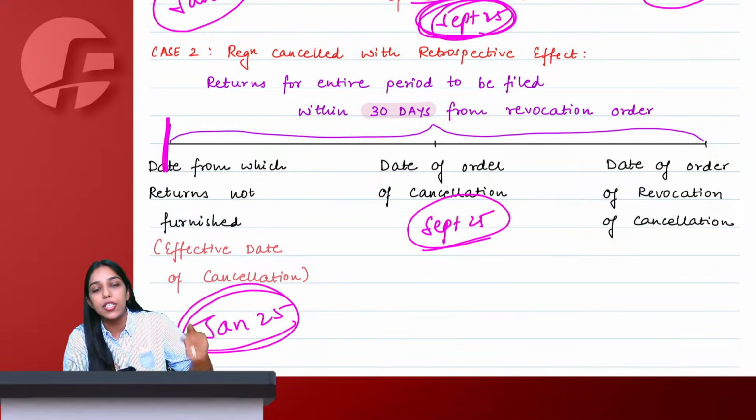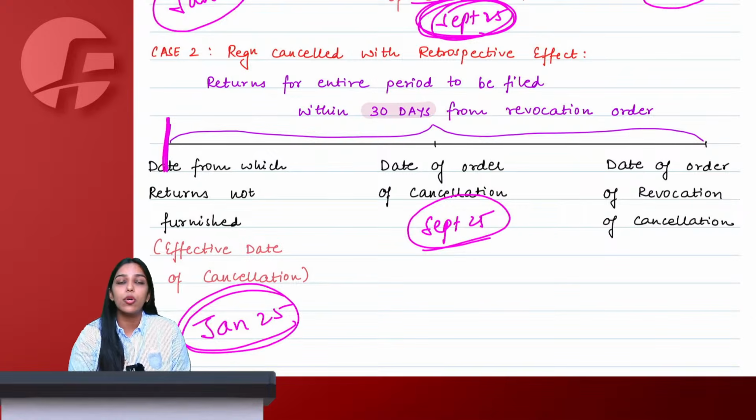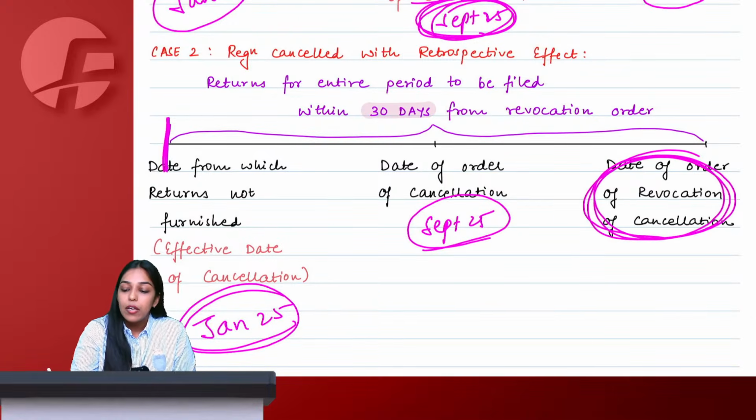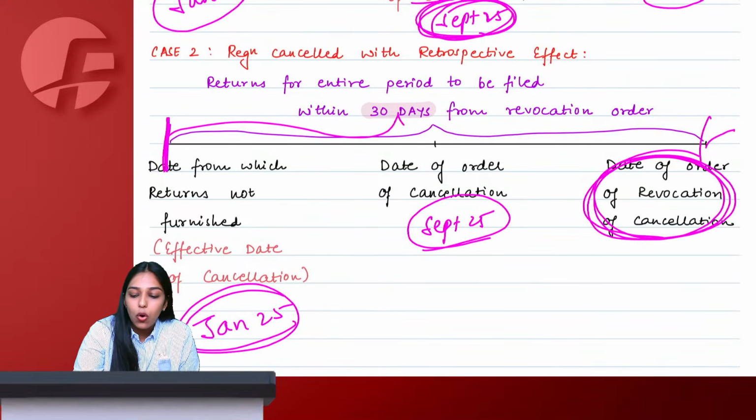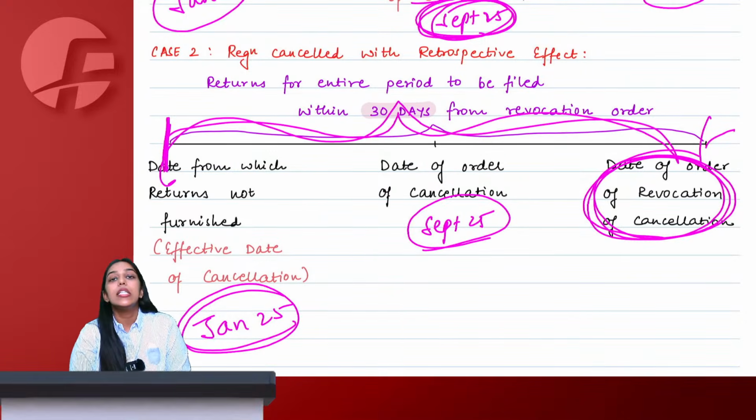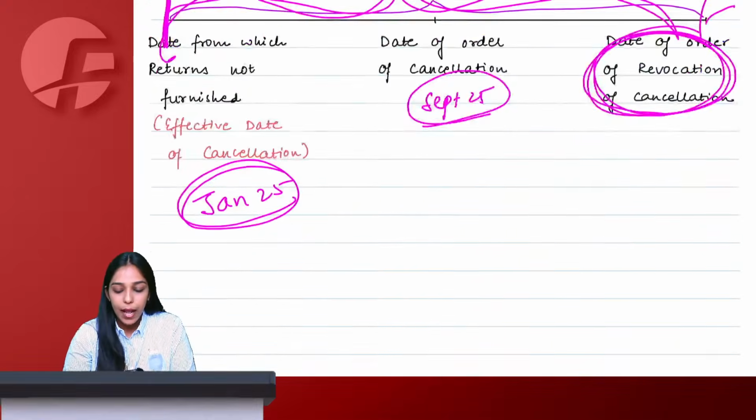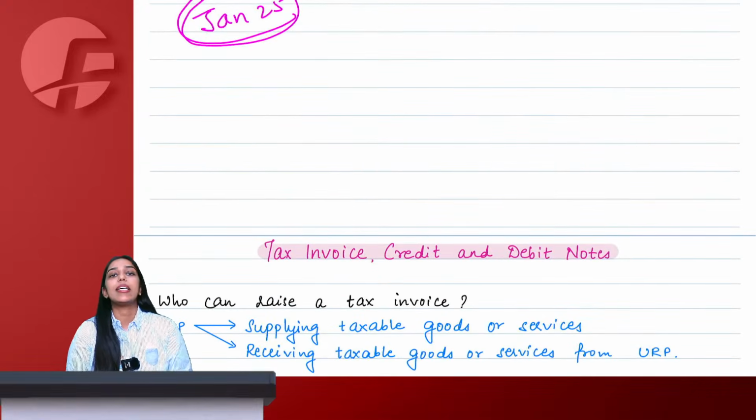After my date of cancellation, I cannot file any return. Then what to do? First, go apply for revocation. The day on which your cancellation is revoked, within 30 days from there, you file all the pending returns for this period. And we finally complete the entire revision of composition levy and registration under GST.